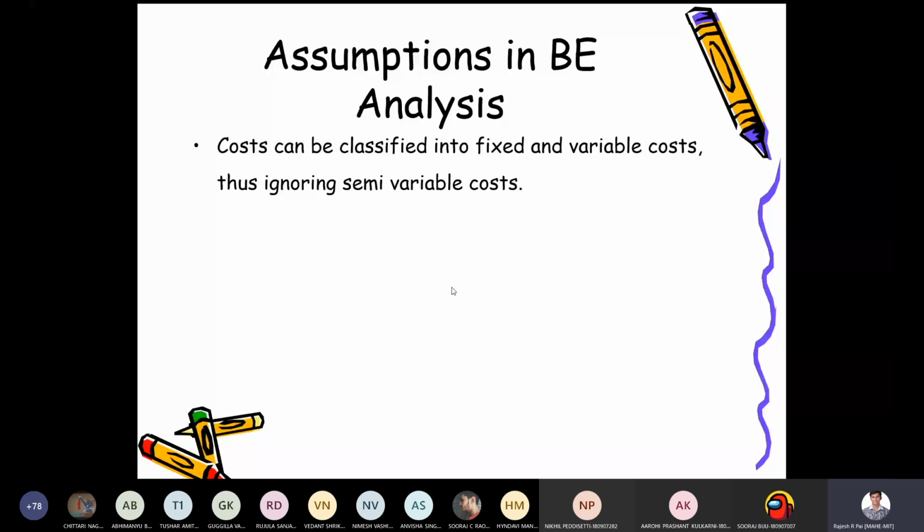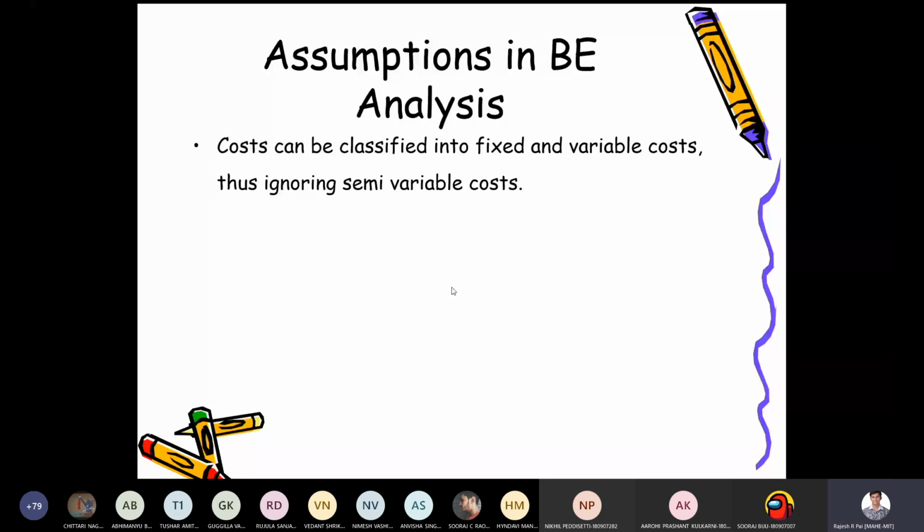We assume that the company will only consider the fixed cost and variable cost into the picture.